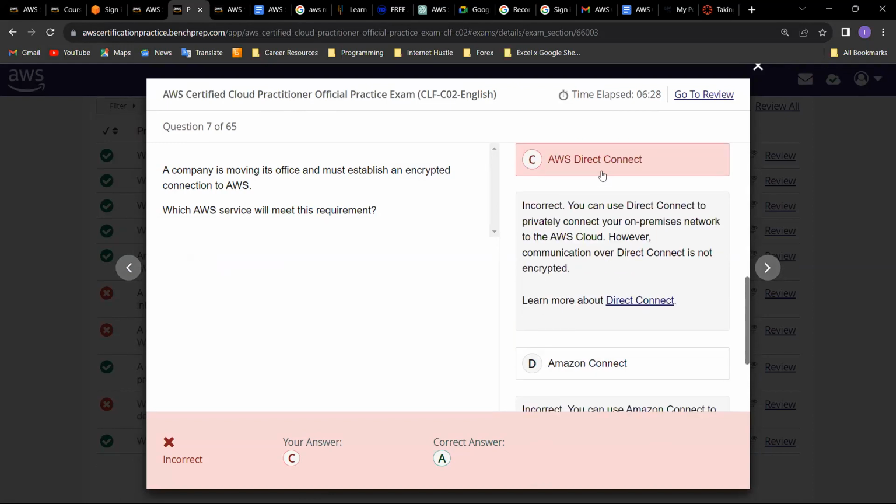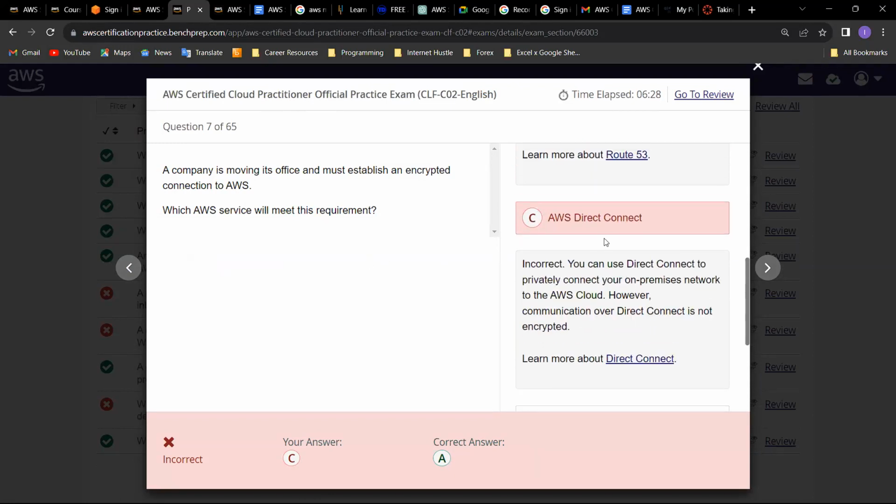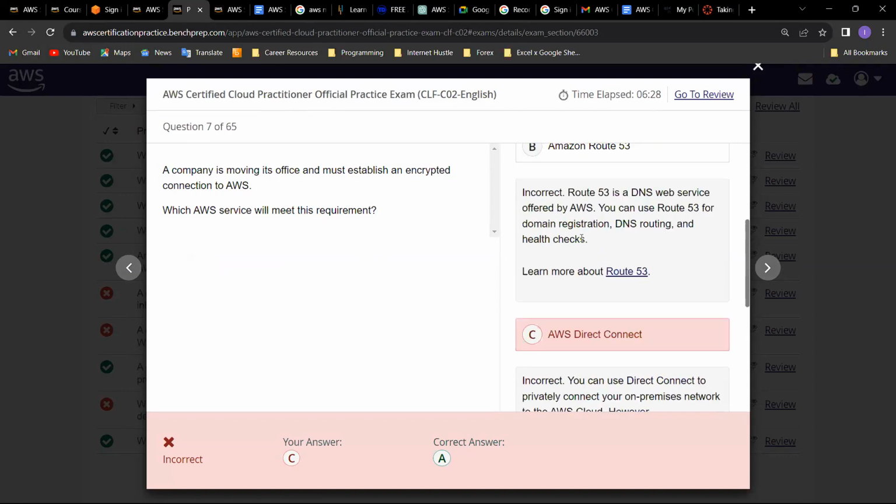We chose Direct Connect, because of the majority. So a company is moving its office and must establish an encrypted connection to AWS. We chose VPN. We failed, so that's what we are doing in review.